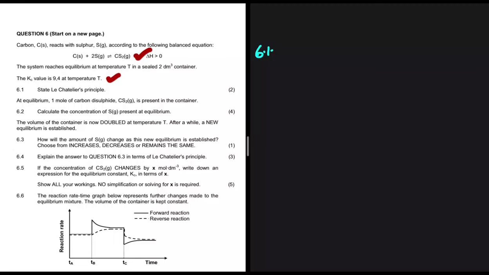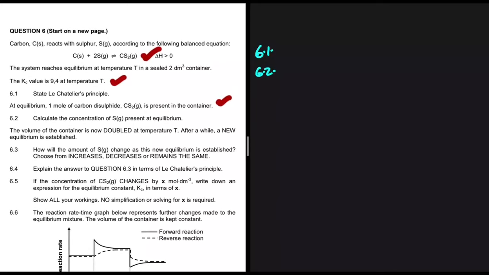6.1. 6.2, on the other hand: at equilibrium, 1 mole of CS2 is present in the container. Calculate the concentration of S present at equilibrium. What is the information we have? We have the Kc is equal to 9.4. We have the number of moles of CS2 at equilibrium, so the number of moles is 1 mole.